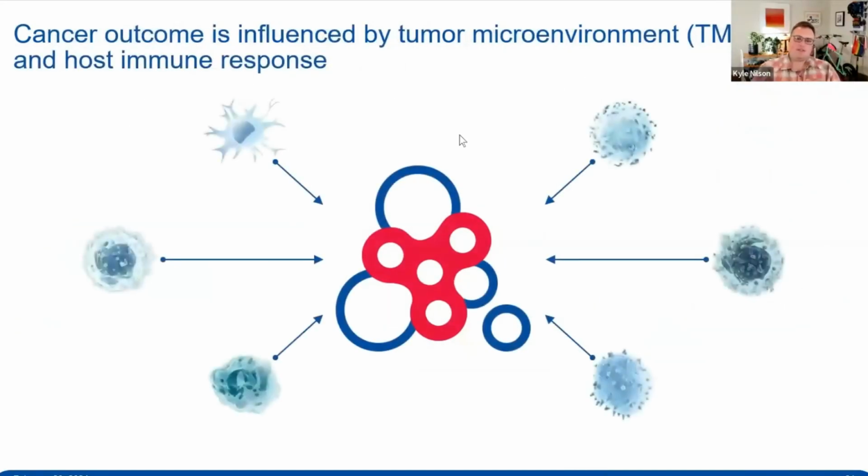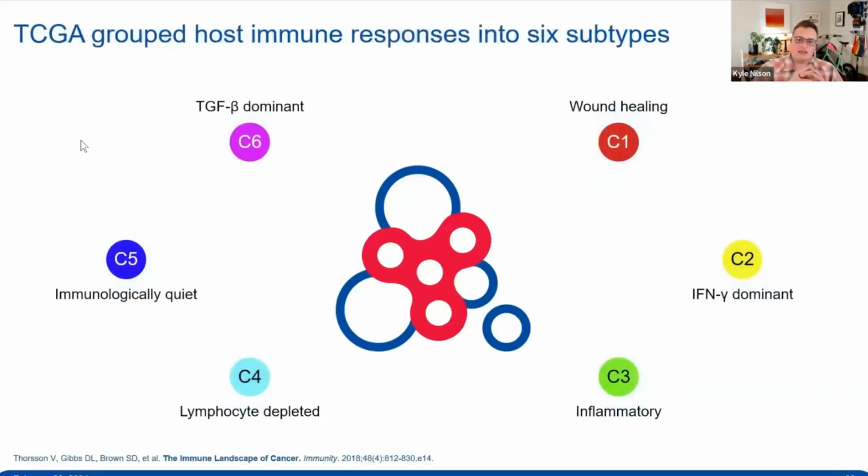Just in terms of background, cancer outcome is influenced by the tumor microenvironment, as well as by how the host responds to that cancer. The Cancer Genome Consortia took the time to annotate and characterize these host immune responses in a series of papers that came out in 2018.